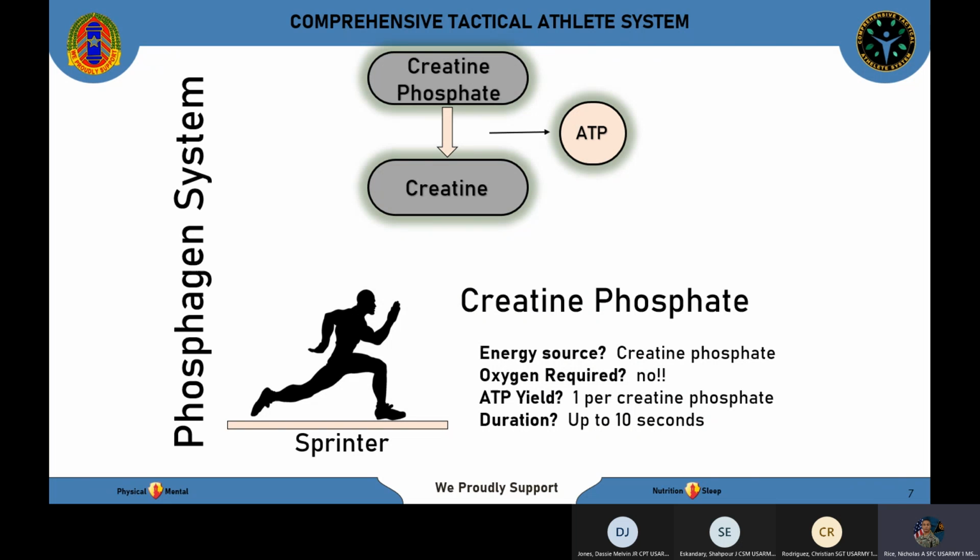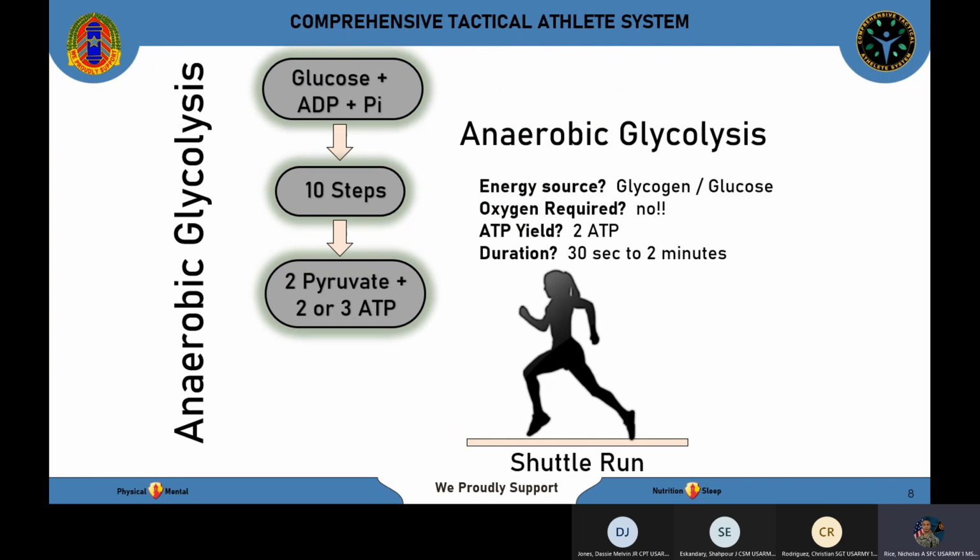PCR is anaerobic because it lasts up to about 6 seconds. Anaerobic glycolysis, as the name implies, is also anaerobic because it lasts up to approximately 2 minutes for most people. If you are conducting an exercise that you can maintain longer than 2 minutes, your body will not use your anaerobic energy systems to accomplish that task.